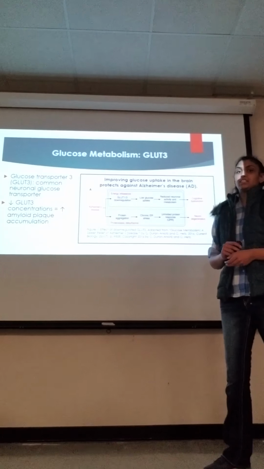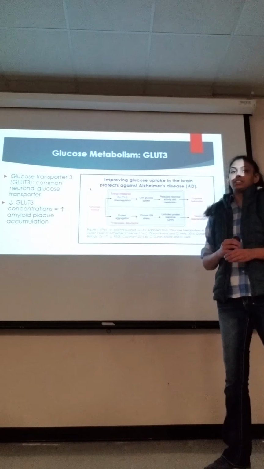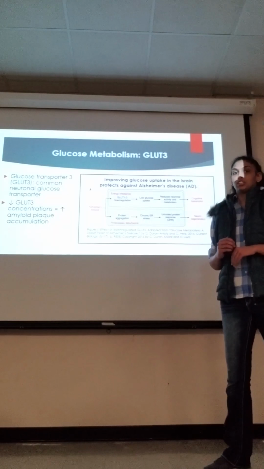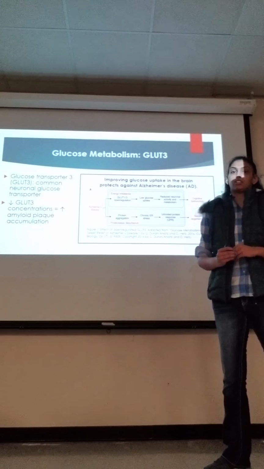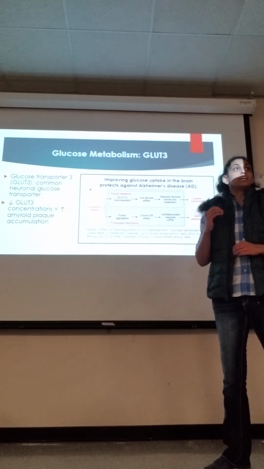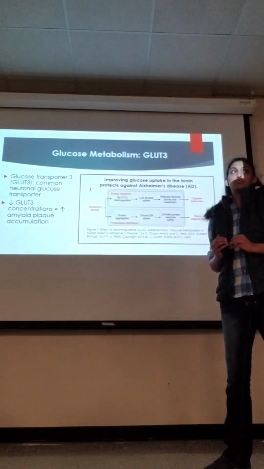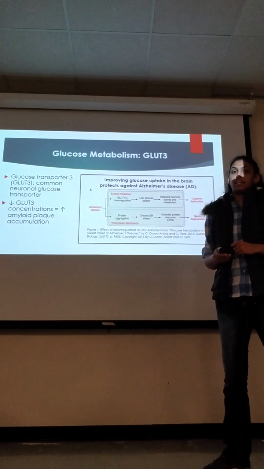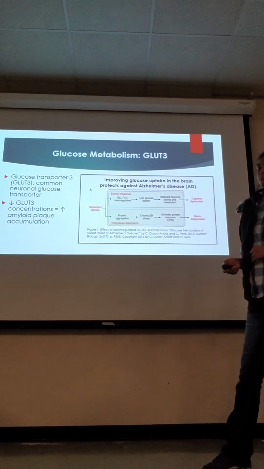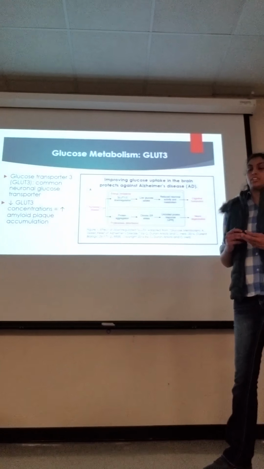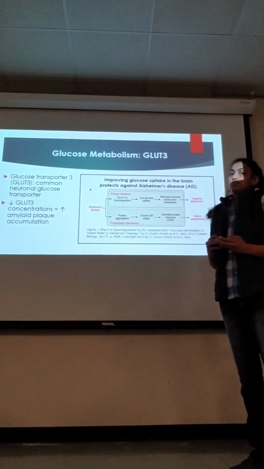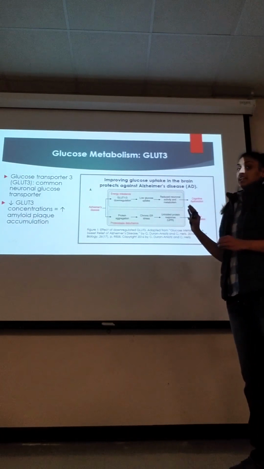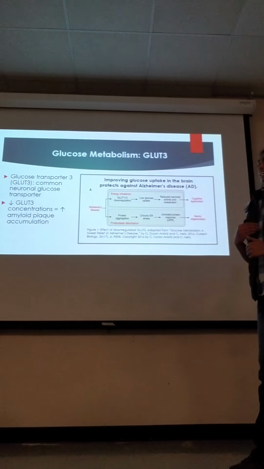In Alzheimer's disease patients, glycolysis decreases, but glucose concentrations continue to increase outside of the neurons. This is because of decreased GLUT3, which is a glucose transporter, and because of decreased glycolytic enzymes activity. On the screen, the figure shows that as GLUT3 is downregulated, less glucose is taken into the cell.